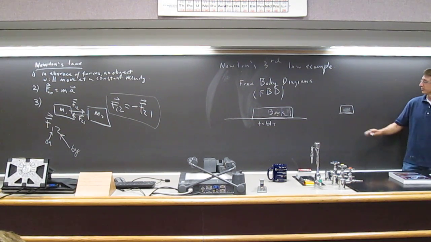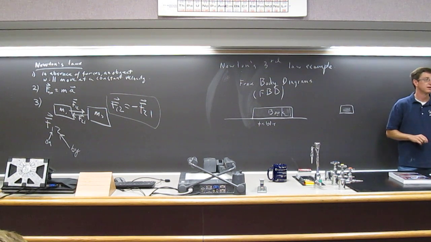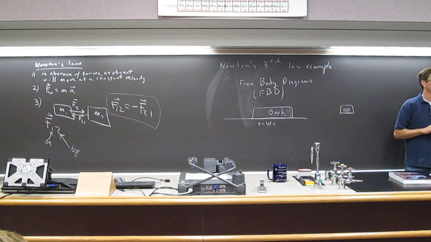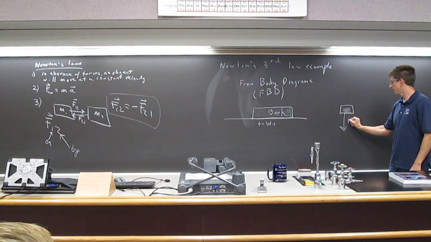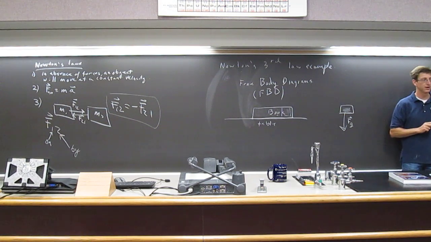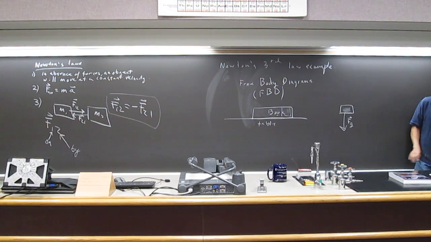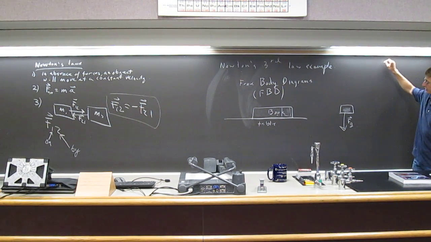So for instance, if I have a book sitting on the table, what are the forces on it? Gravity. There's a force of gravity going downwards. I'm going to label that with a little F sub g. By the way, it's pretty standard in the book to label the force of gravity.